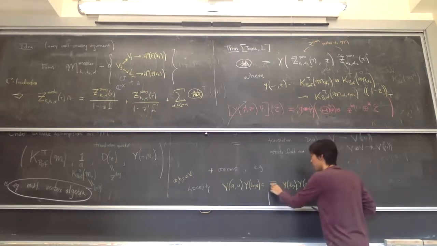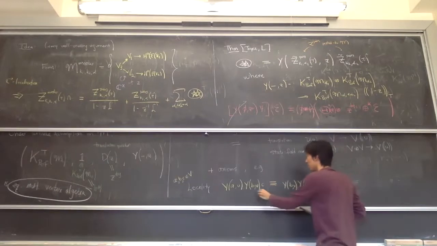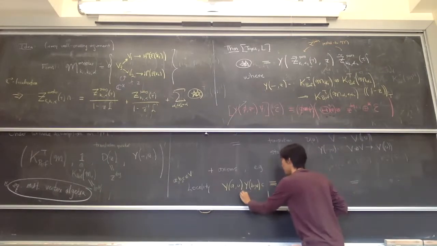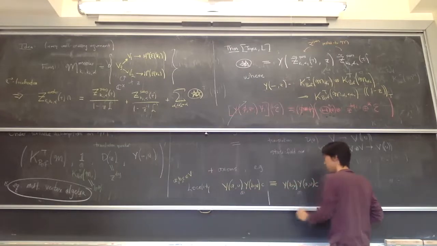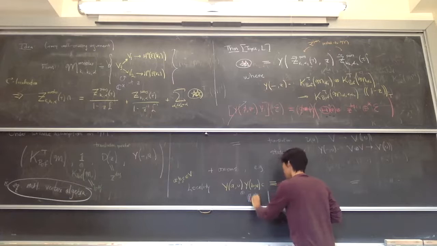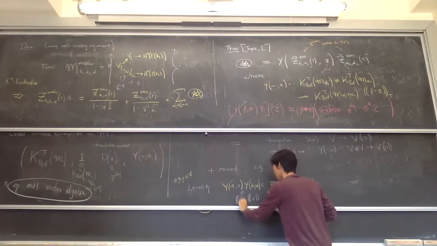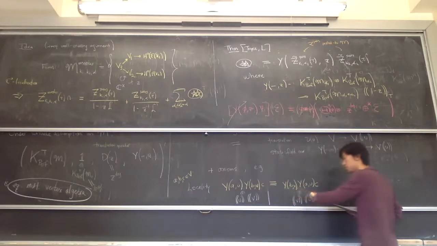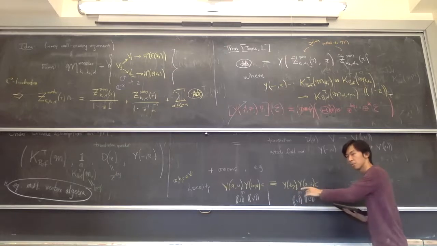So what does this equality really mean? Here you have to be a little careful about where the left and right hand sides live. So the left hand side lives in series in V, valued in series in U, and the right hand side lives in series in U, valued in series in V. And these are two completely different modules.